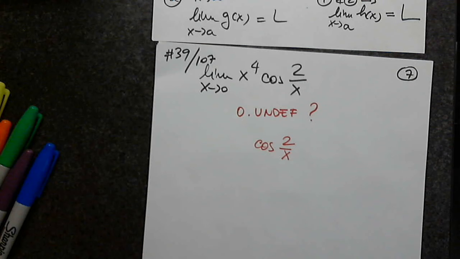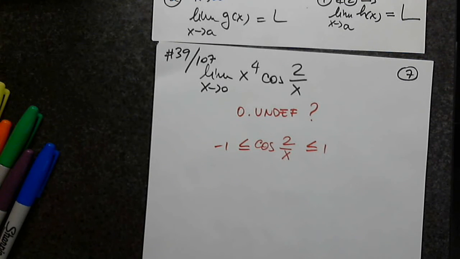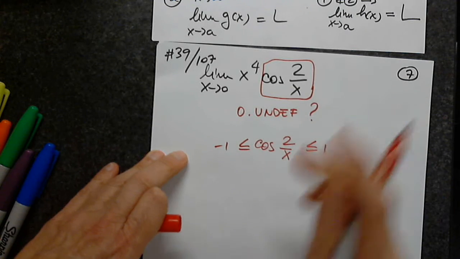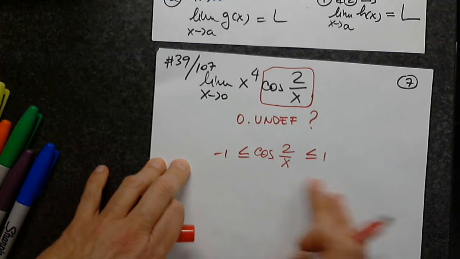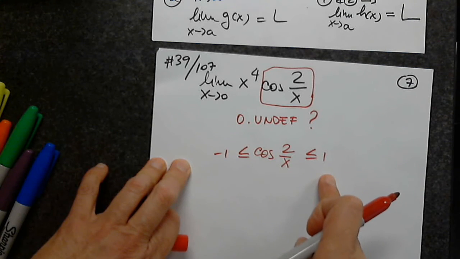How low can cosine be? Perfect. So this is what I know from our past experience, that cosine cannot be more than 1 and cosine cannot be less than -1. Awesome. So I have this piece, it's bounded below by -1, above by 1.